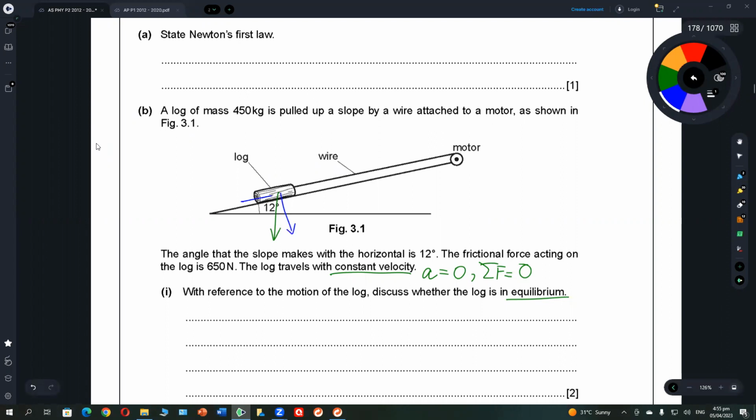I'm resolving it. The object is going upward.